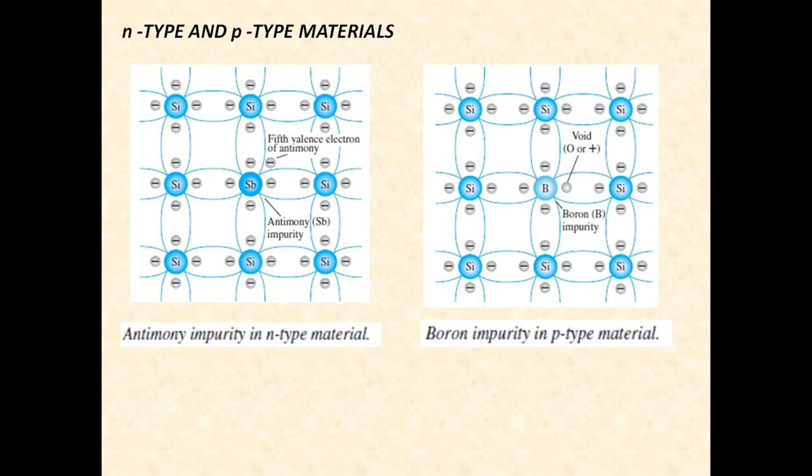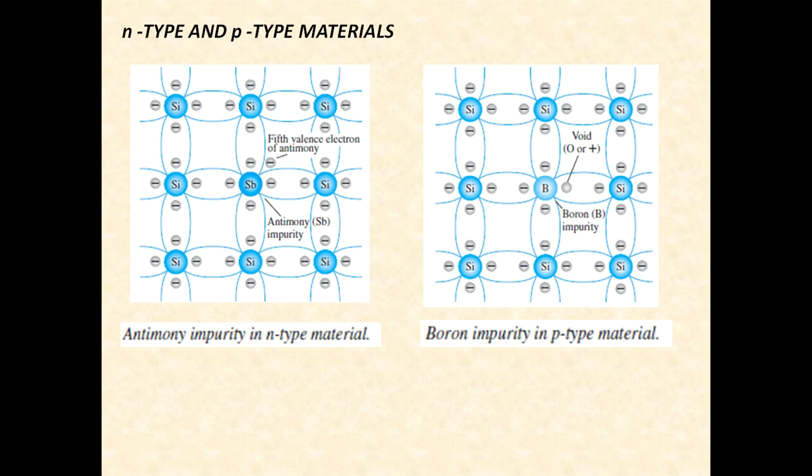In short, whenever we introduce any impurities, we say that the semiconductor is doped. When we introduce N-type dopants, the semiconductor becomes N-type. There are some very popular impurity materials that can be used to dope semiconductors.